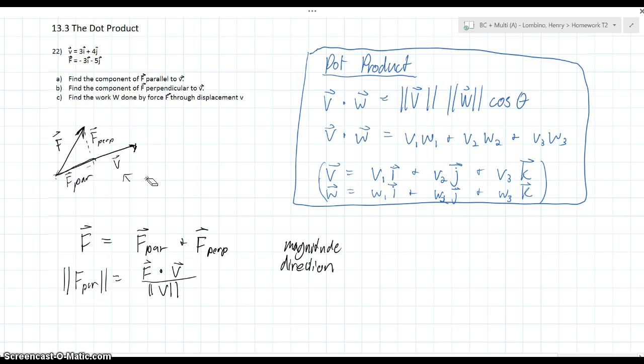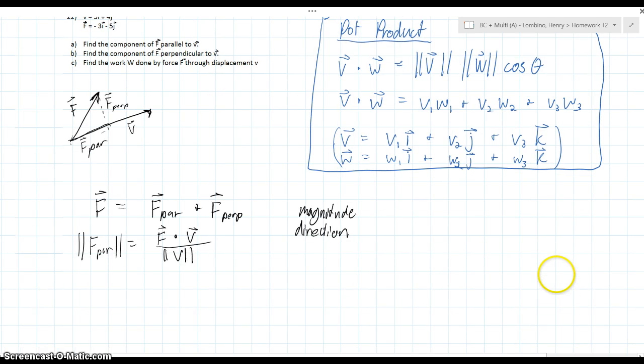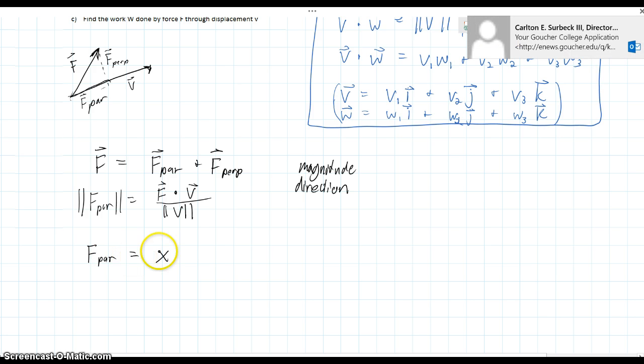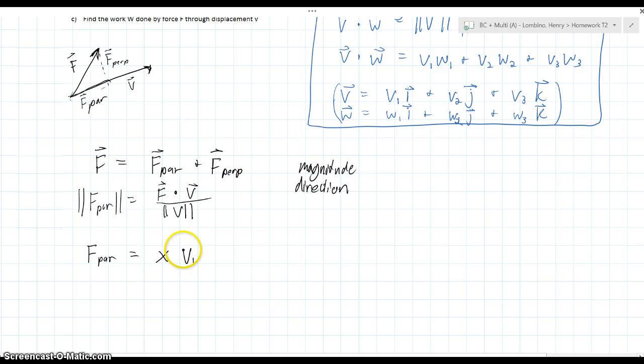So we need to find a scalar for the unit vector of v, because the magnitude of a unit vector is 1, and then we can multiply it by a scalar to get the actual vector that we need. So in the end, f parallel is going to be equal to some scalar x times the v unit vector.